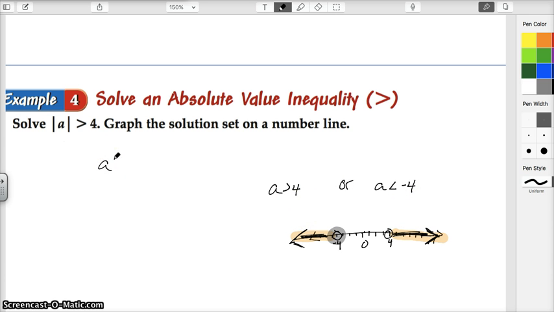Sometimes I tell students to write it down just like that, writing the same symbol twice and putting the negative on the back end, and then you ask yourself, does this make sense? Can -4 be bigger than A and at the same time A be greater than 4? No, so we write it as an or. After I write it like this, I then break it down because it doesn't make sense to write it like that. I write it as two separate values.